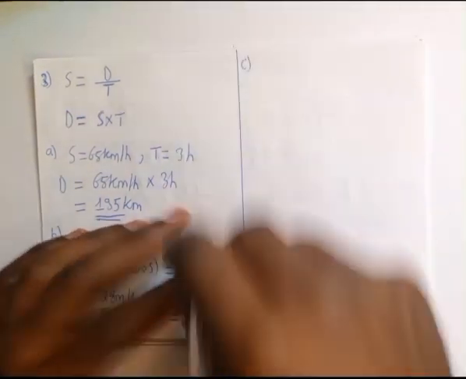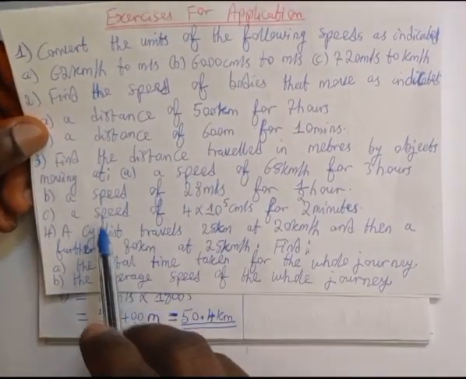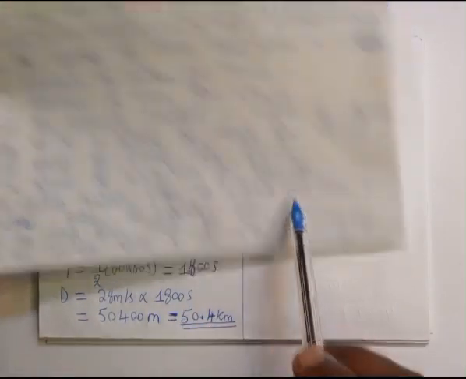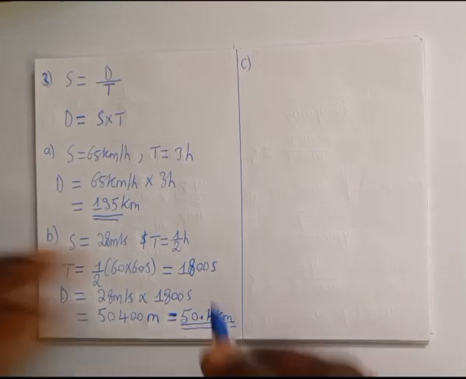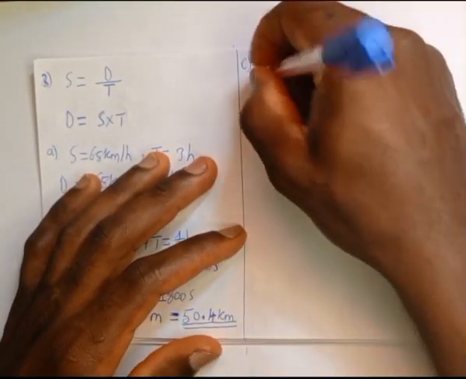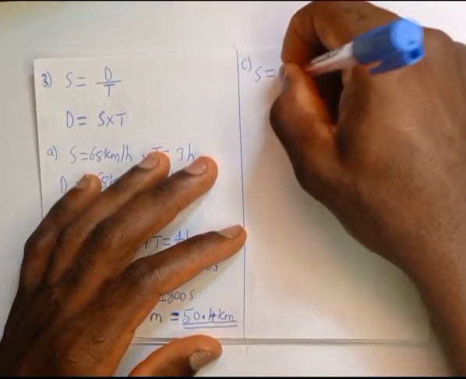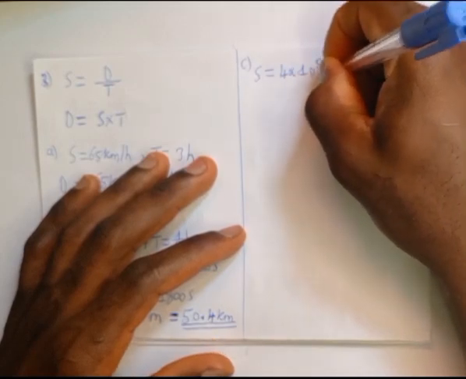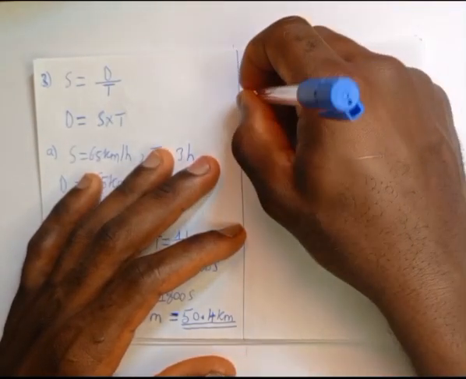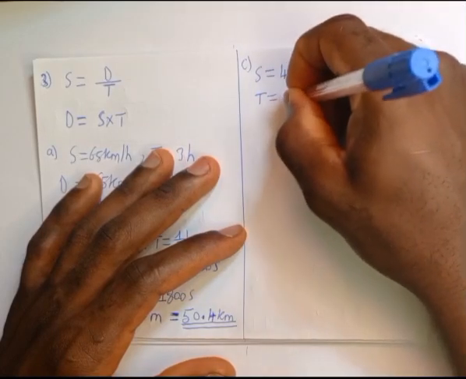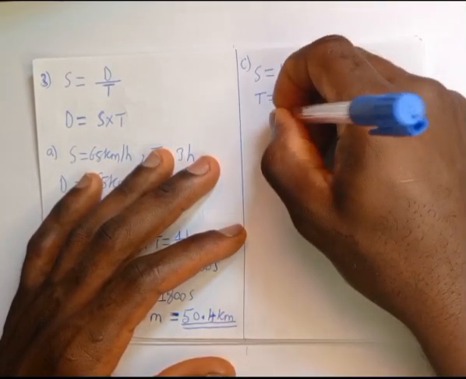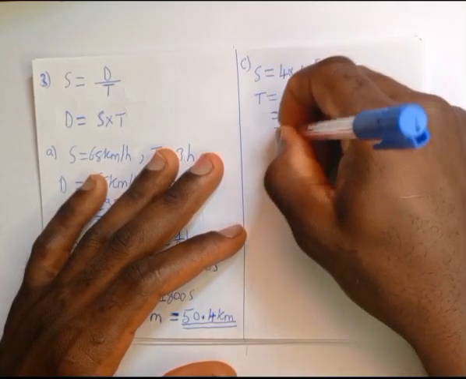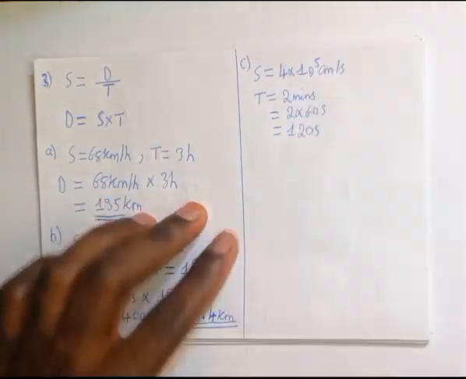Question C. The object travels at a speed of 4 times 10 to the power 5 centimeters per second for 2 minutes. The speed of the object is 4 times 10 to the power 5 centimeters per second, and the time taken is 2 minutes. 2 minutes in seconds is the same as 2 times 60 seconds, which is 120 seconds.